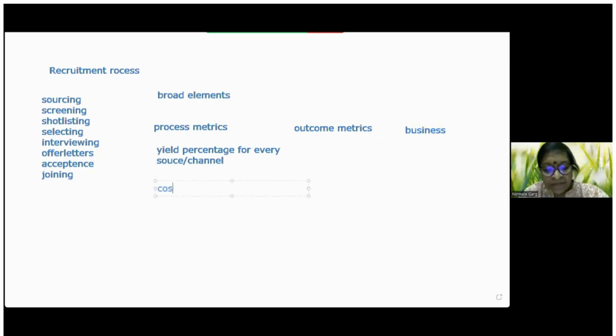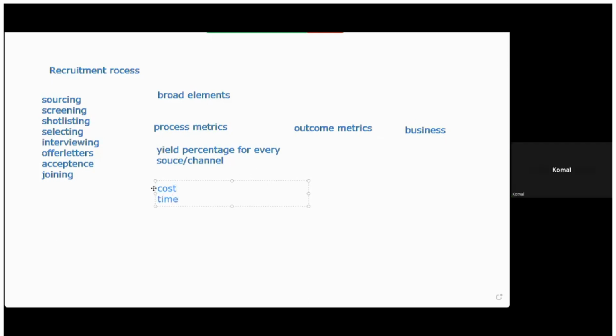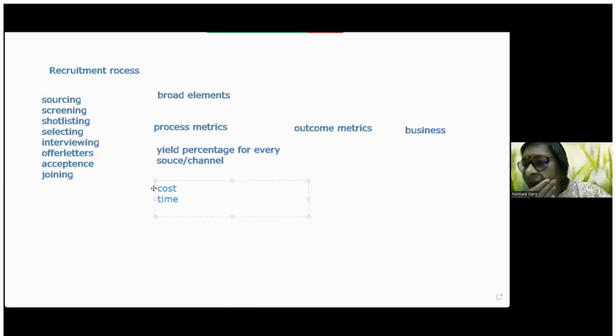It could be cost. It could be time. What else? When we talk about process metrics, mostly they are efficiency metrics. Clear?